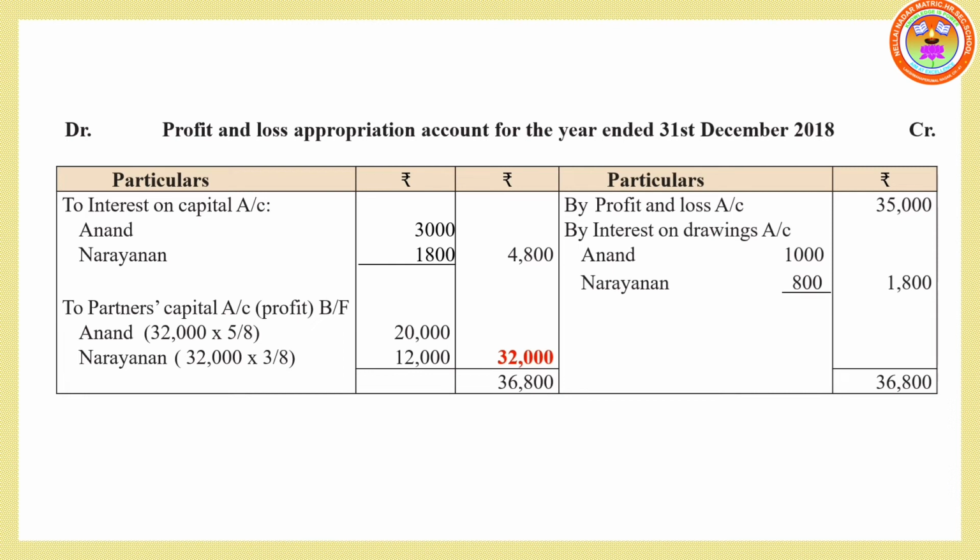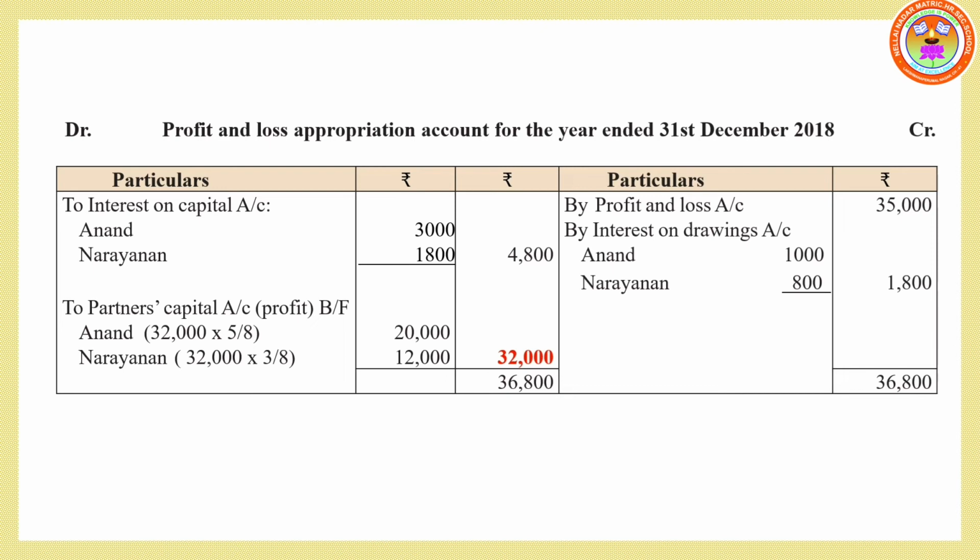Add and bring it to the outer column, 4,800. As per the formula, interest on capital, salary, commission. In this question, only interest on capital is given, salary and commission are not there. So leave that. Then move on to the credit side.